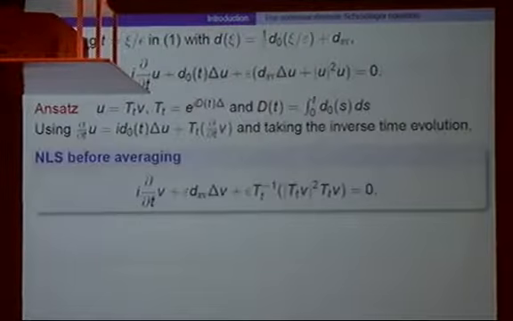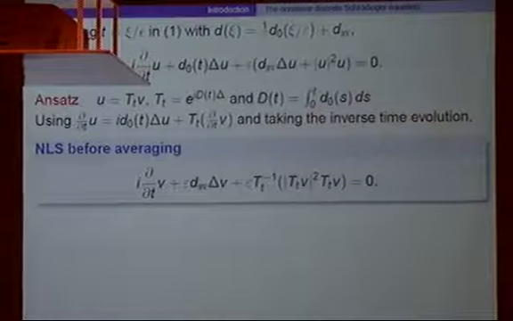So when we plug in this T sub t v in the place of u, basically we need to calculate the t derivative of u, and because u is in this form, we have something like the product rule.